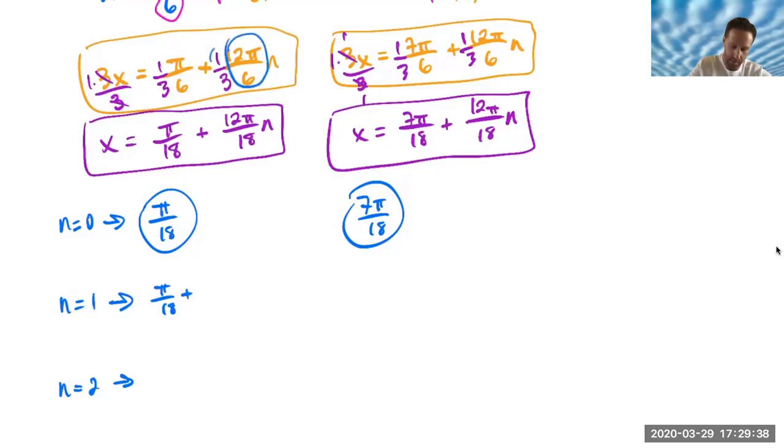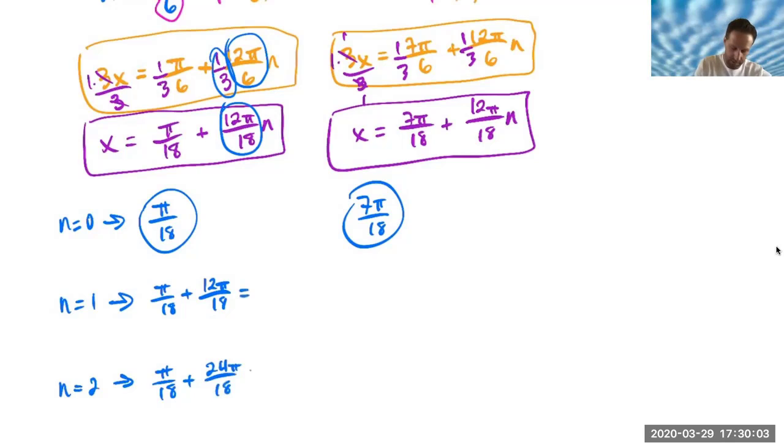And then we multiply by that 1/3 to get 12 pi over 18. Now, again, I know that can be simplified and reduced, but I need a common denominator, so I'm just going to keep it. And not only do I do it once, I can also do it over here a second time. And when I double that, instead of 12 pi over 18s, I would have 24 pi over 18.